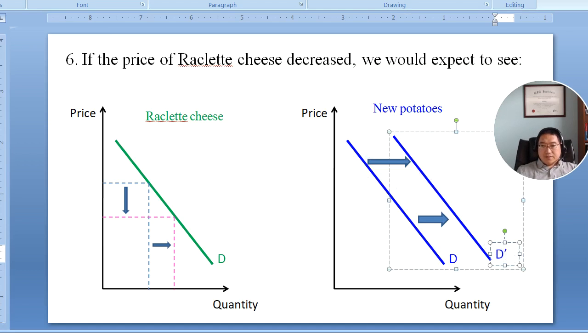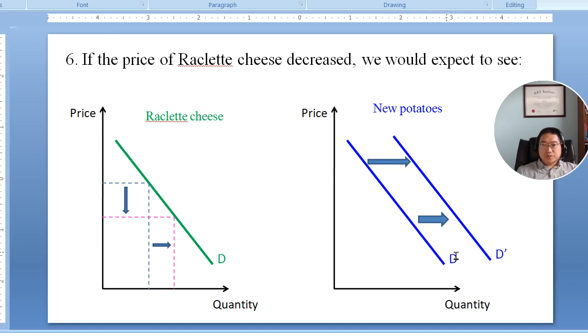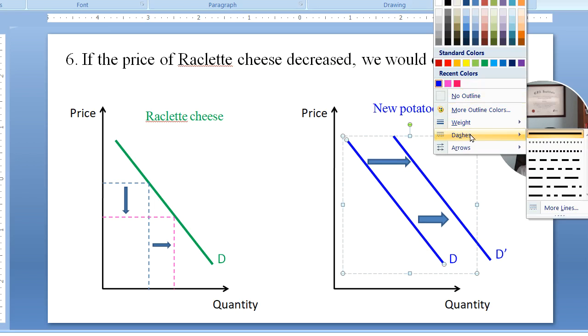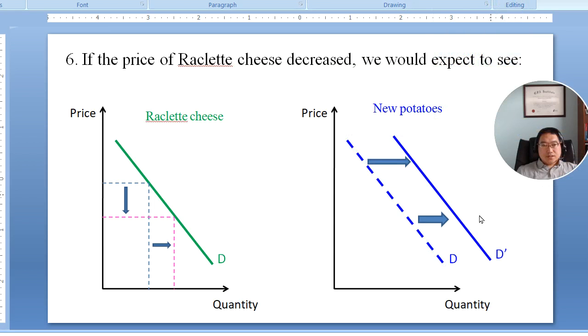I mark the new demand curve as D prime, and we can change the old one a little bit, saying it's dashed. So that's what's going to happen to the new potatoes. The demand curve of new potatoes goes to the right, or say an increase in the demand of new potatoes, or say at every different price level, we see a higher quantity demanded for new potatoes.